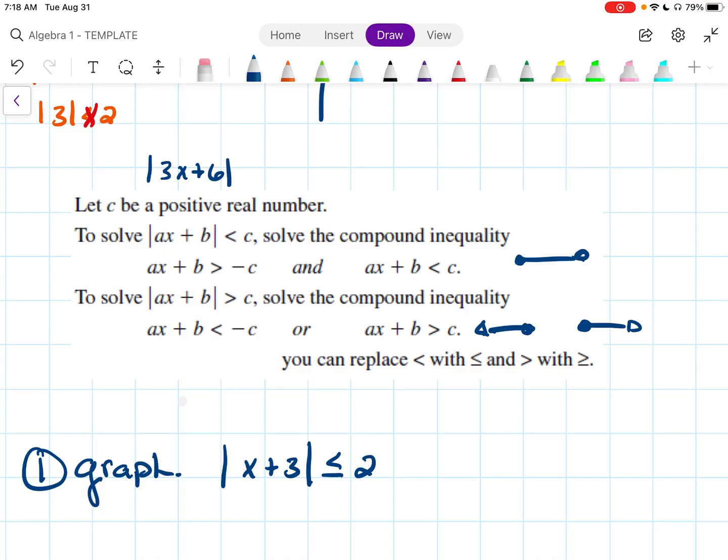So if we have absolute value less than c, we solve the compound inequality with the absolute value bars removed, with the expression greater than negative c and less than positive c. Okay, the thing there is that we have this symbol and the word and.